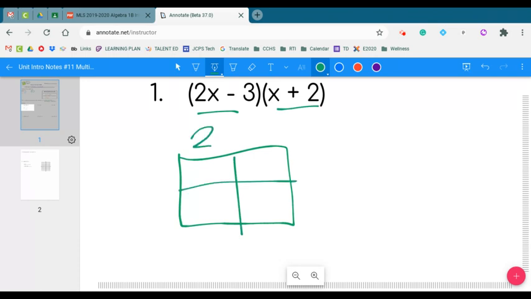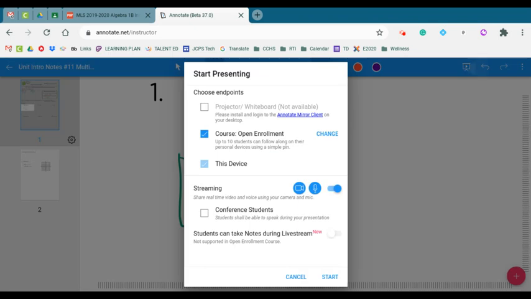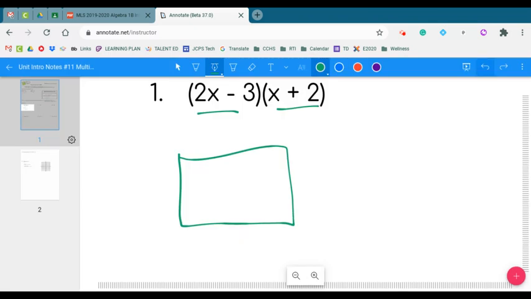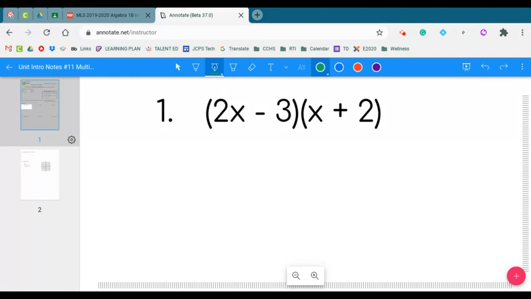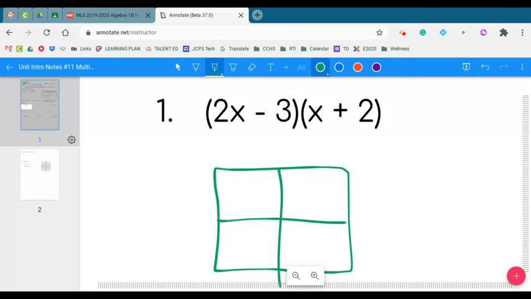So we're going to put 2. Sorry, I needed a little bit bigger box. So you have 2x and negative 3 on the top, and then you put your x and your positive 2 at the side.